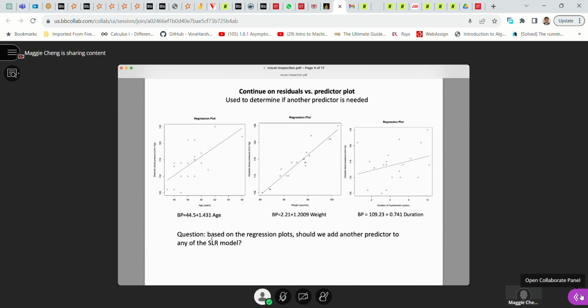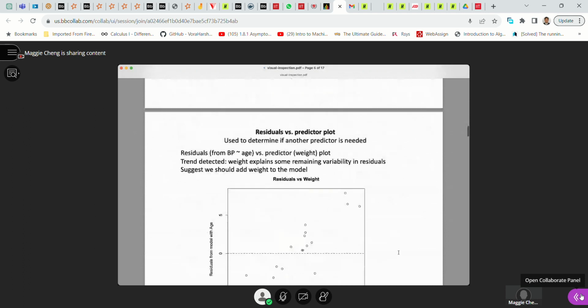You look at the regression plot. The regression plot also shows some trend, right? This is BP versus age, blood pressure versus weight, blood pressure versus duration. You won't be able to immediately conclude something is wrong.